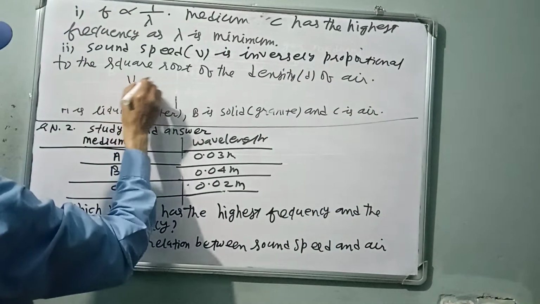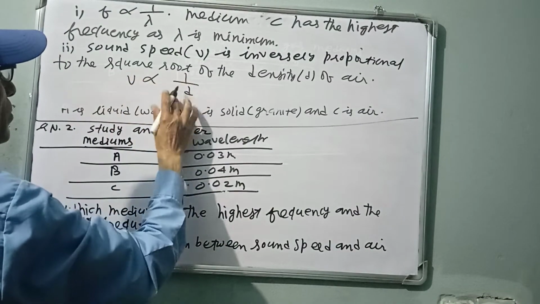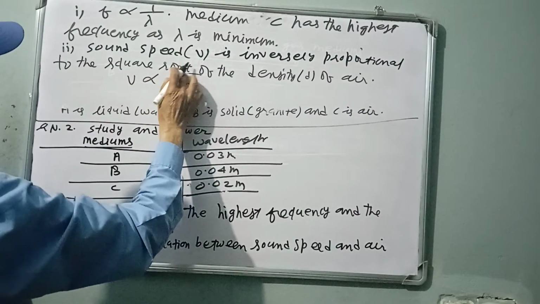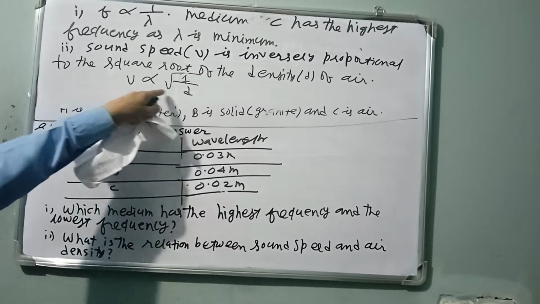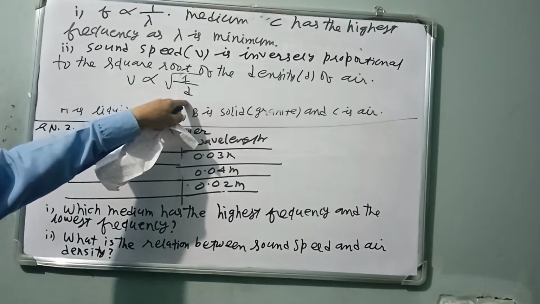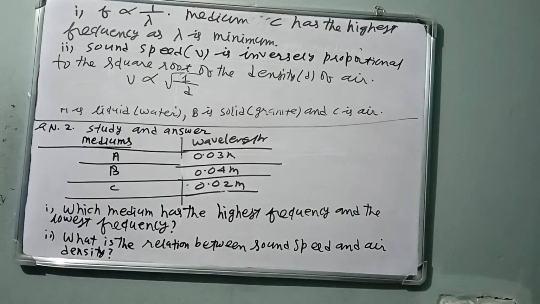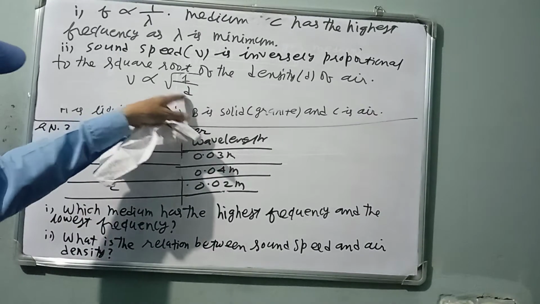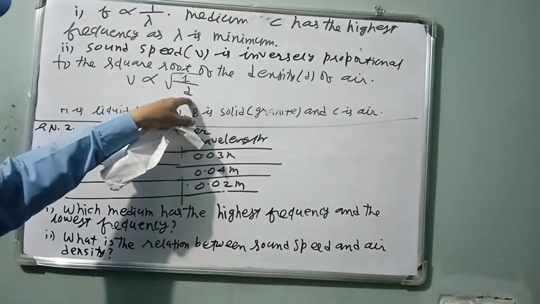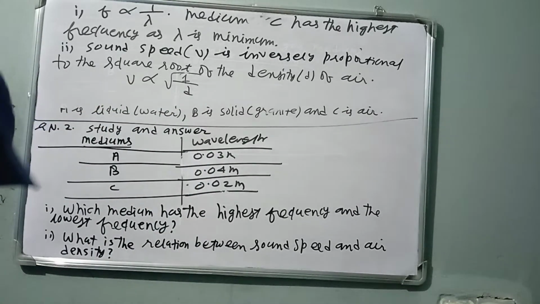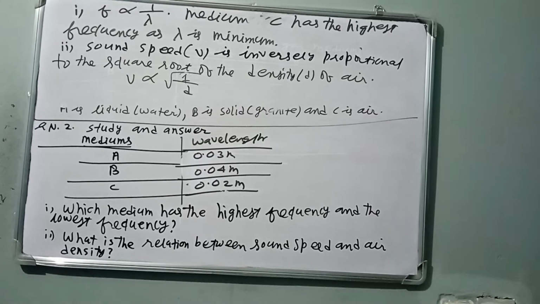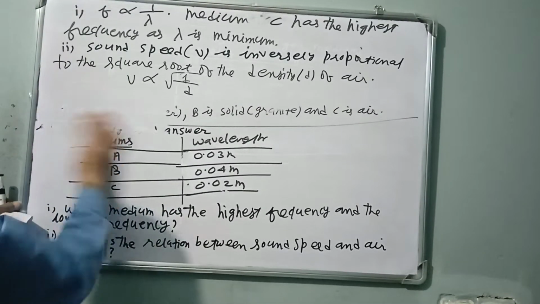Mathematically, sound speed is inversely proportional to the square root of the density. When density increases, speed decreases. When density decreases, speed increases. Question number 2 finished.